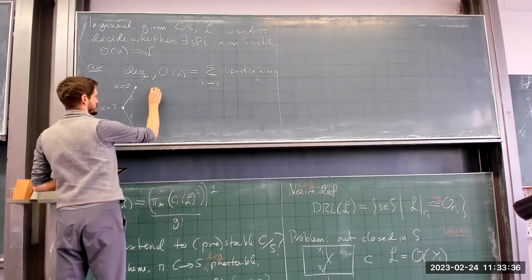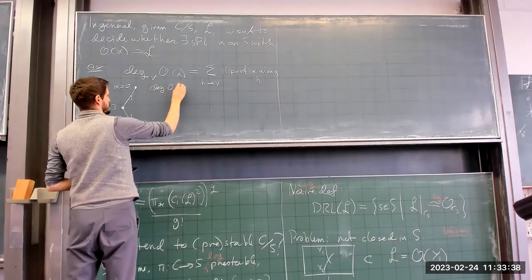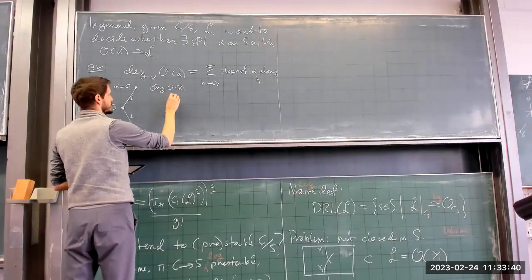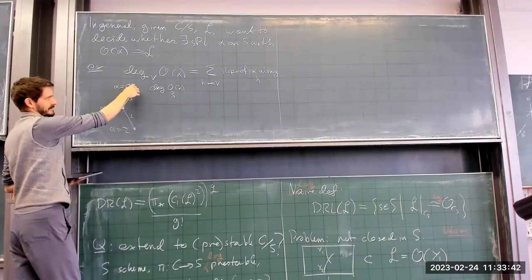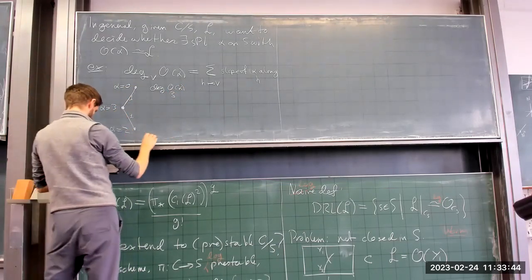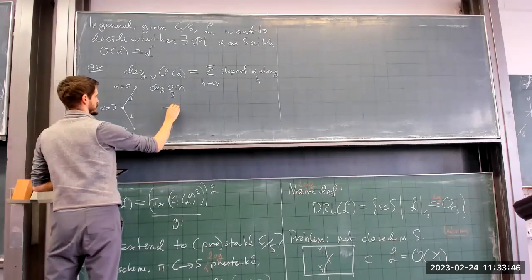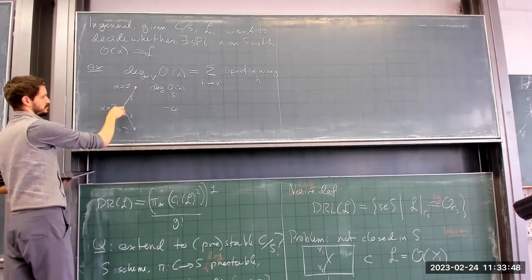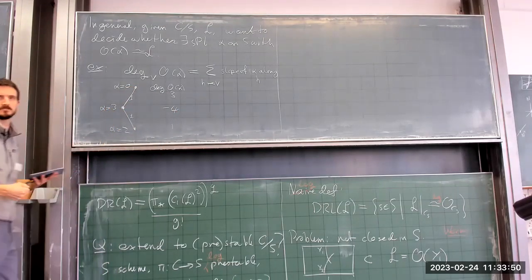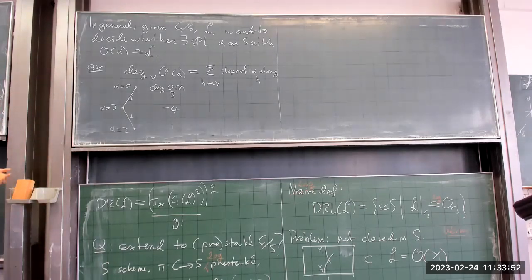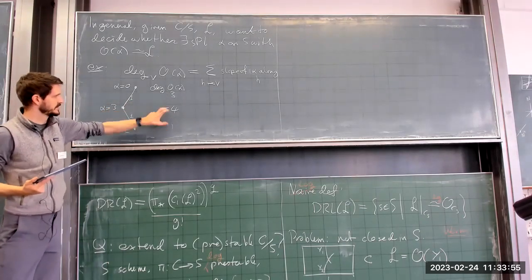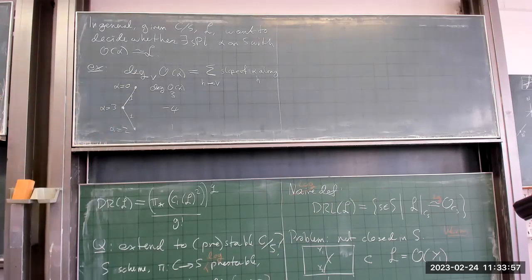Well, the degree of alpha is going to be respectively 3, because I have outgoing slope of 3, and here it's going to be 1, and here it's going to be minus 4. So here I have an incoming slope of 3, an incoming slope of 1, make that up to minus 4.